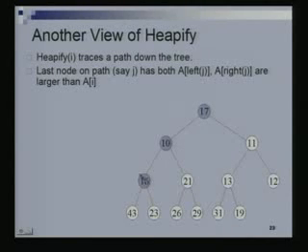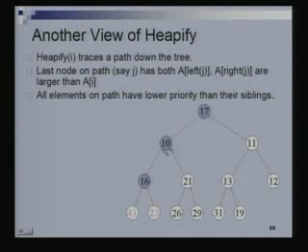If I look at the last node on the path, suppose I call it node j, then the left and the right child of j have priority which was larger than the priority of node I. I in our example is 1. So 43 and 23 are both larger than 17.